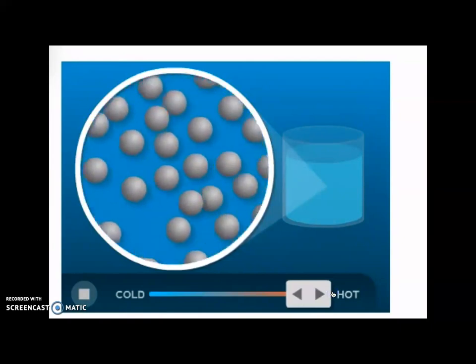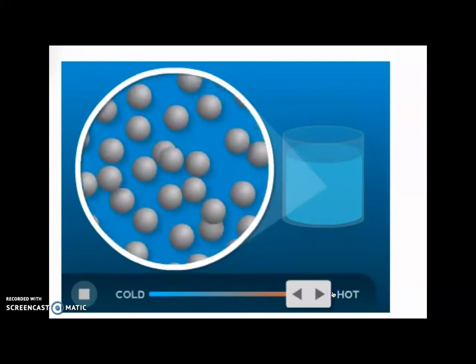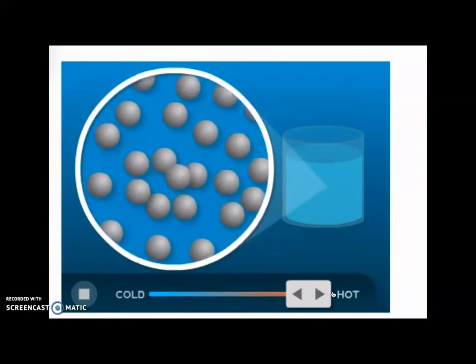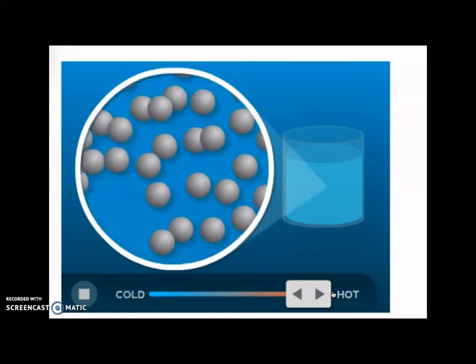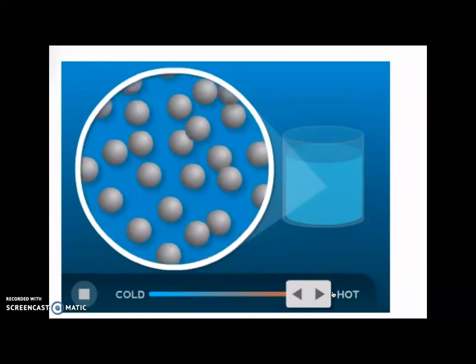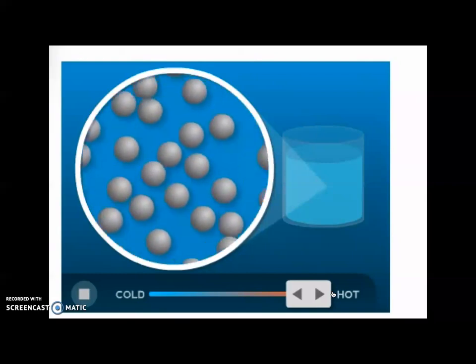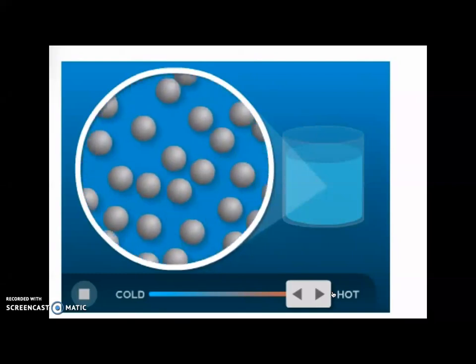So here in that hot liquid, we can see that as we've increased the temperature, or heated the substance, we see an increase in the speed of the particles, and an increase in the spaces between the particles.